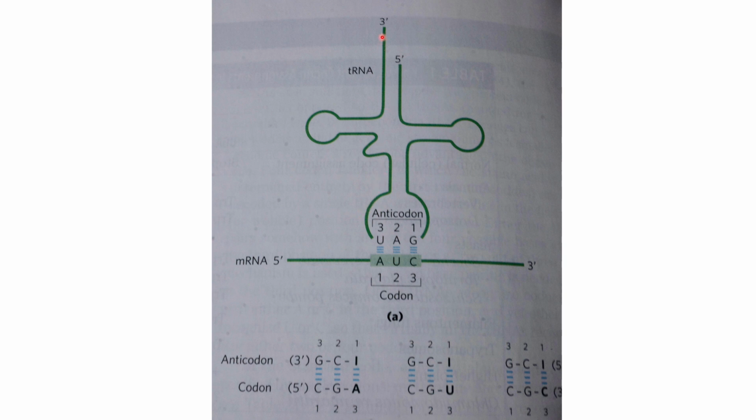This is a sequence of anywhere from 75 to 90 nucleotides. So here's the codon here. Anticodon is complementarily base paired, and this base pair here governs what is attached here, and you get these in sequence.